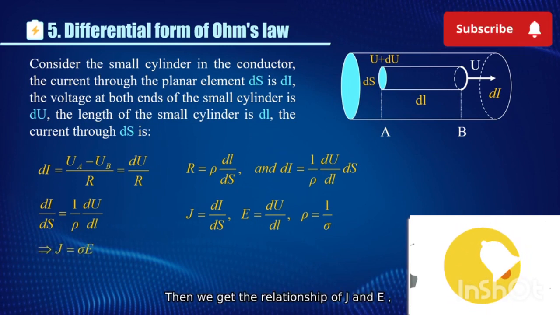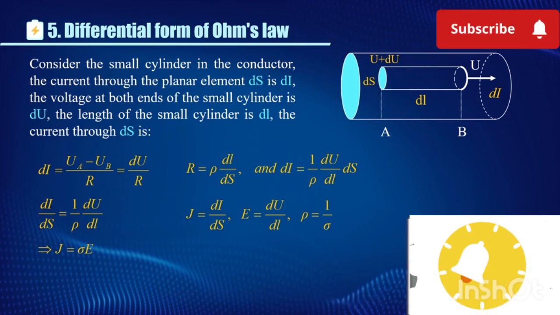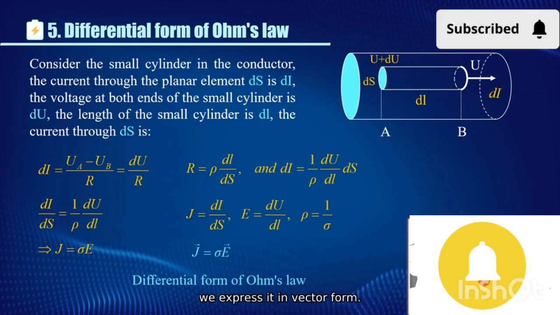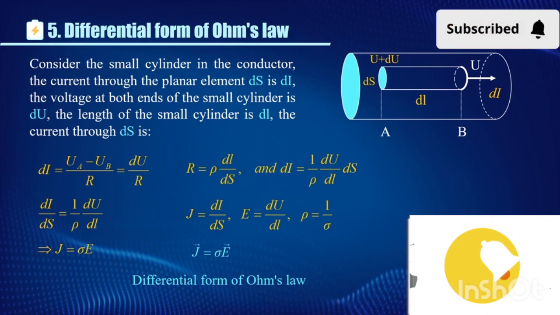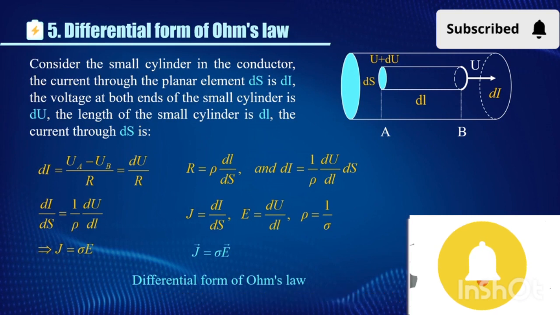Then we get the relationship of J and E, that's the differential form of Ohm's law. Considering that J and E are in the same direction, we express it in the vector form. It describes the point-by-point relationship between the electric field and the current distribution in the conductor.